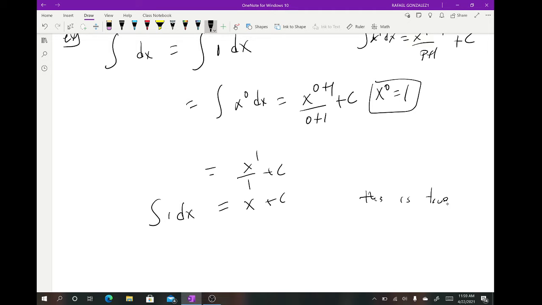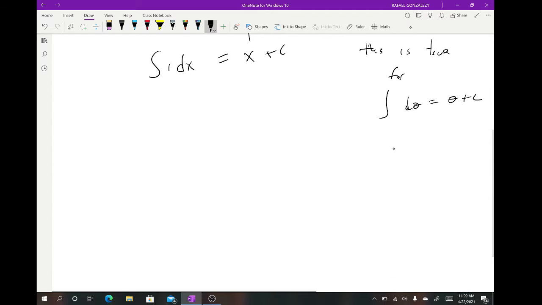I mean, there is just a variable. So if somebody gives you blank d theta, this is just theta plus c. Somebody gives you blank d phi, that's just gonna be equal to phi plus c. It's just gonna be the case.